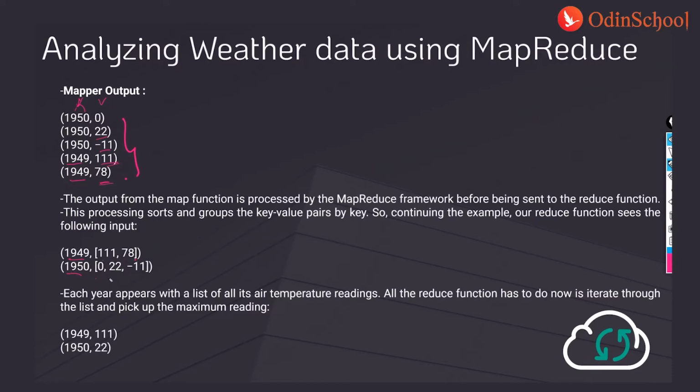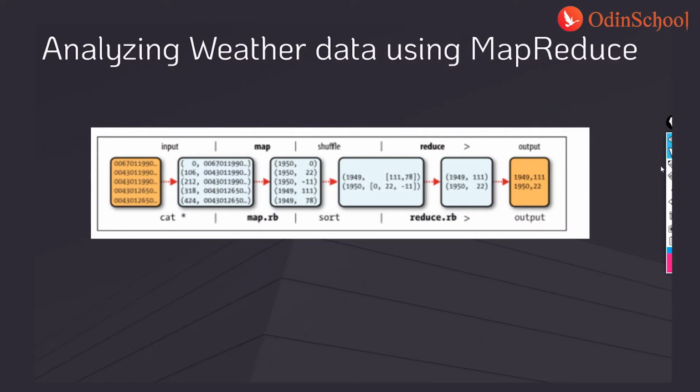For 1950 we have 0, 22, minus 11. So this is your key and list of values. Finally you apply the max function on the list of values for each key, and you will find the maximum values. This is the diagram showing the same.